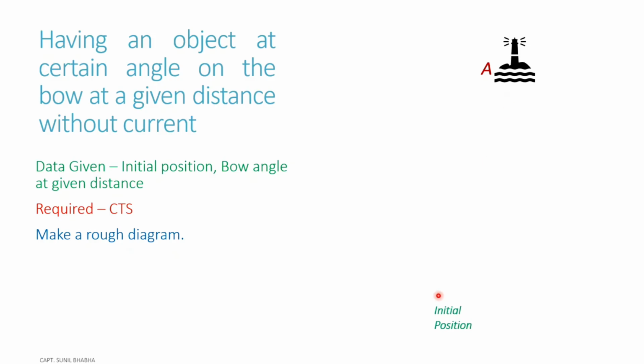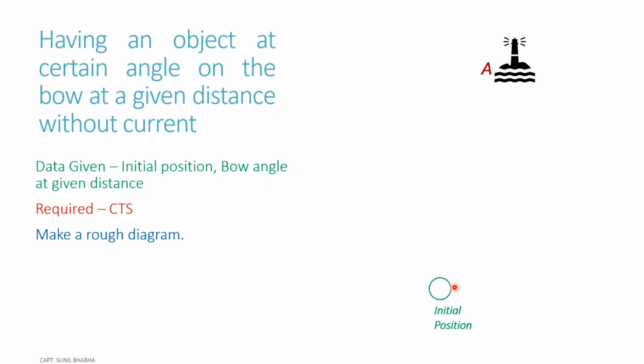Let's mark off our initial position also. The initial position is given in these questions. Let's assume that the vessel was at this particular position. Now, we don't know what course is to be steered. In fact, that is what we are required to find out.